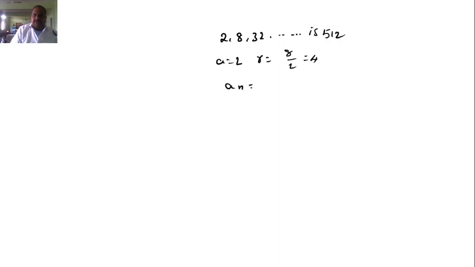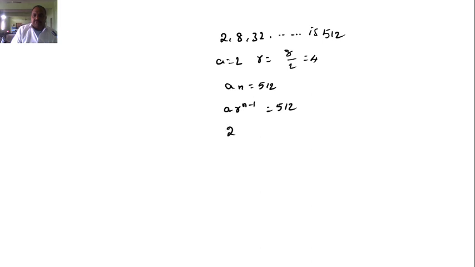Okay. Next, 2, 8, 32 and so on is 512. Here A is equal to 2, R is equal to 8 by 2, that is equal to 4. A n, how much? Again 512. A n means A R power n minus 1 is equal to 512.